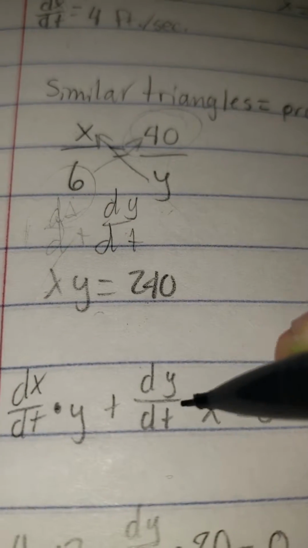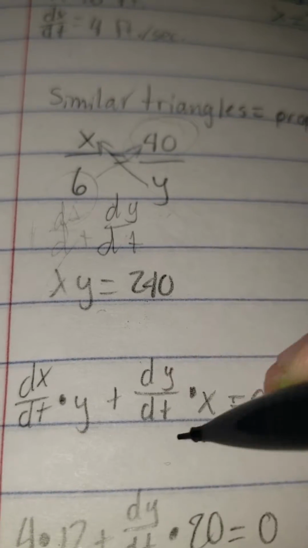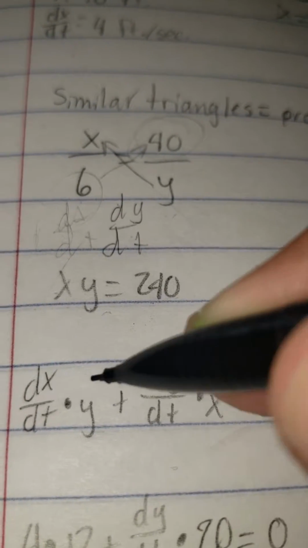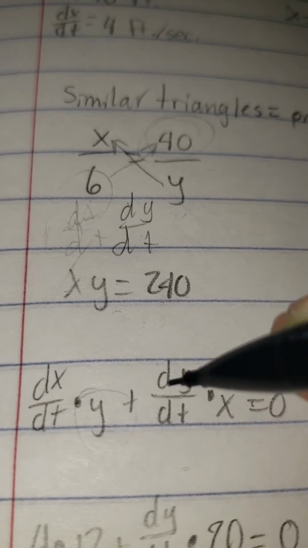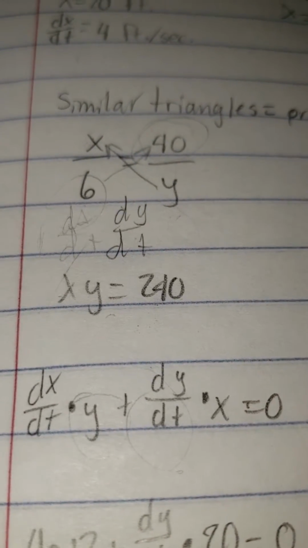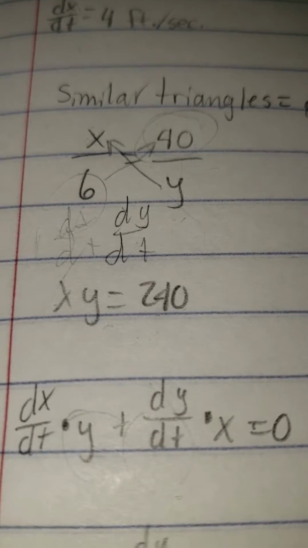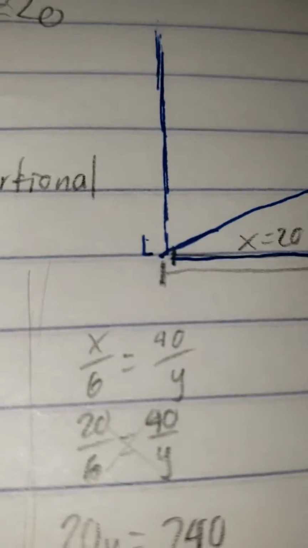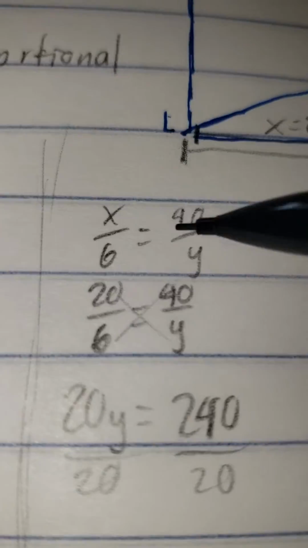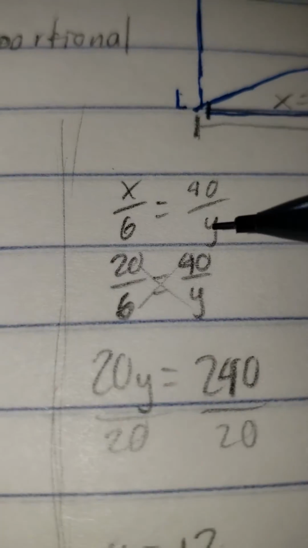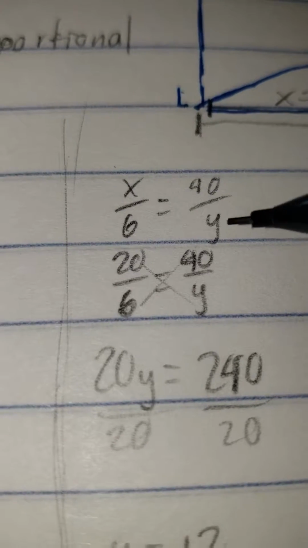So from here we have 2 values, but we're looking for 1 out of the 4. We only have 2, so we should probably look for y, because that's going to be easier than finding dy over dt. I have the math already done off to the side. Going back to the original cross multiplication, x over 6 is equal to 40 over y.